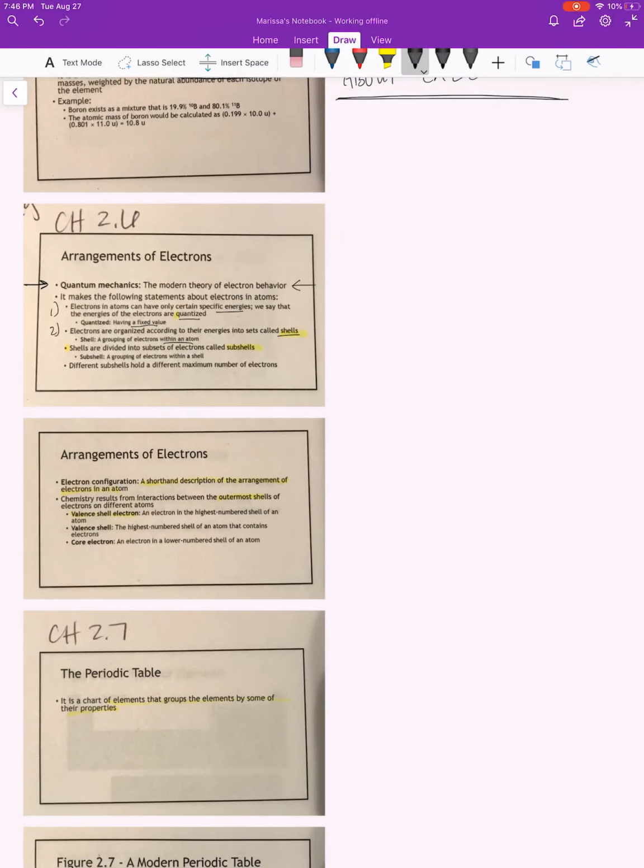Okay. So what this means is that the electrons don't just exist willy-nilly around just anywhere, right? They're going to have specific shells or homes. So for better or worse, we're going to go back to this planetary model. Remember we said this isn't exactly true.